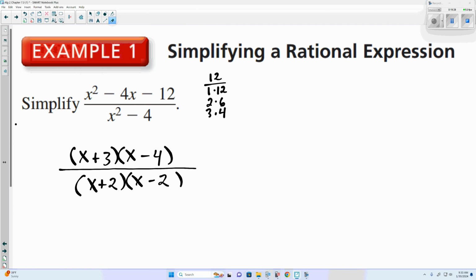Now this is what I like, especially with rational expressions, when we start multiplying, dividing, and doing this, is that some of the other factors, once we get them factored, kind of give us a roadmap, an idea of what the others could be, because if this isn't 2 and 6 for 12, we have nothing in common. There is no way to simplify it further. That means it was already simplified.